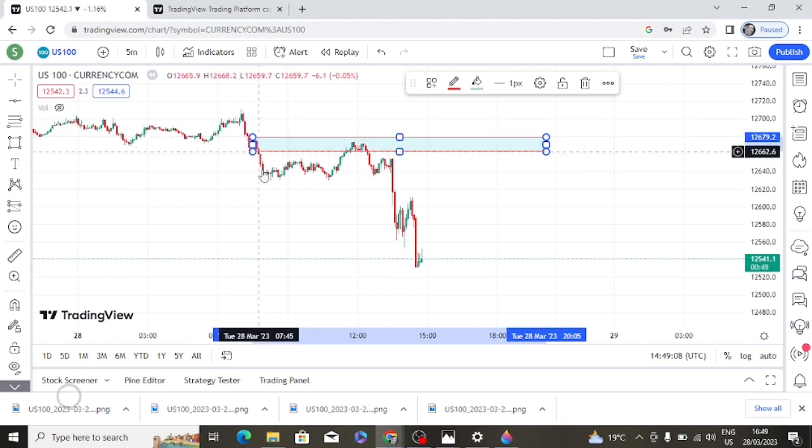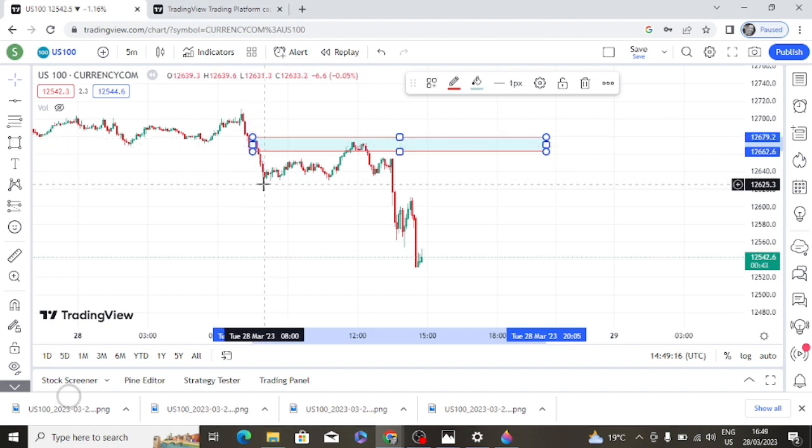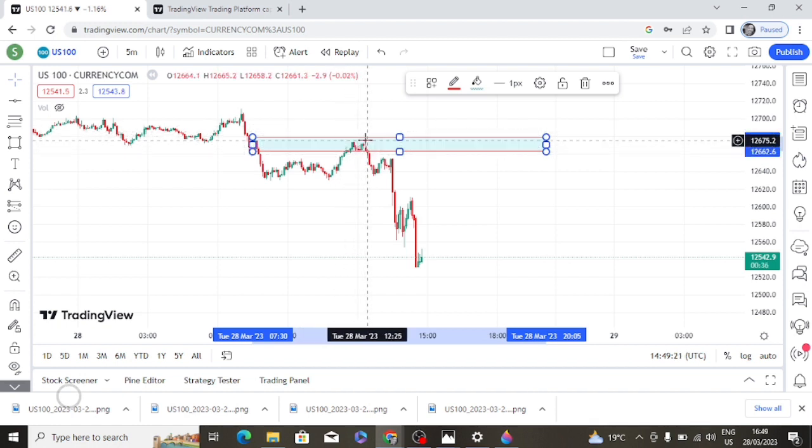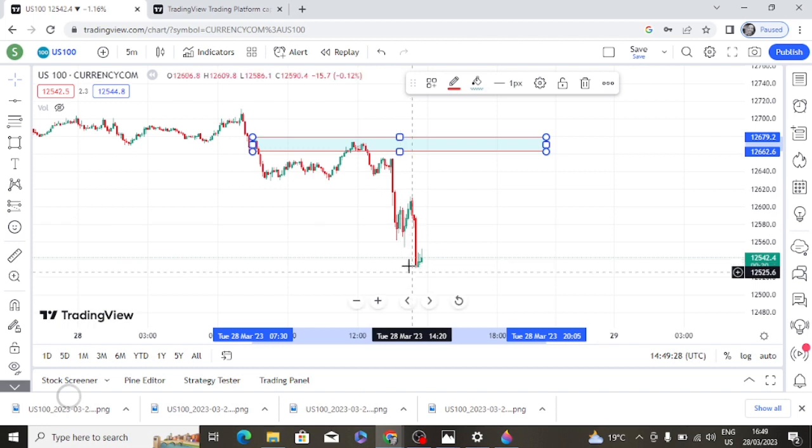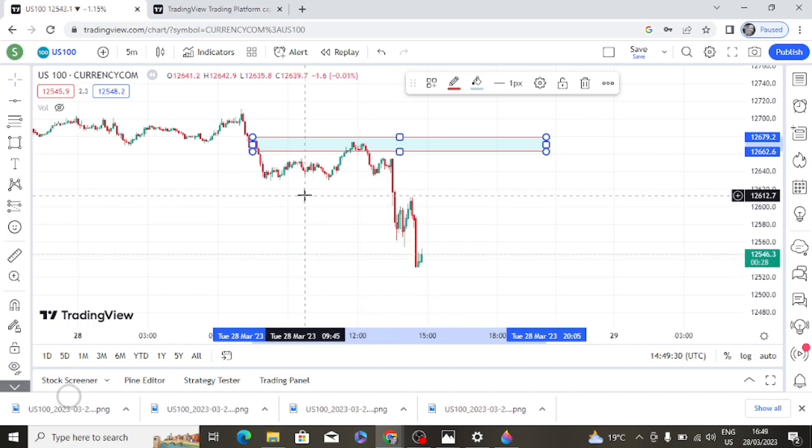Price broke this area, made some liquidation here. It broke, and then it returned to that liquid area again. Once it returns, it comes to collect whatever orders and then breaks to the downside, which is what I was trying to explain in the first.